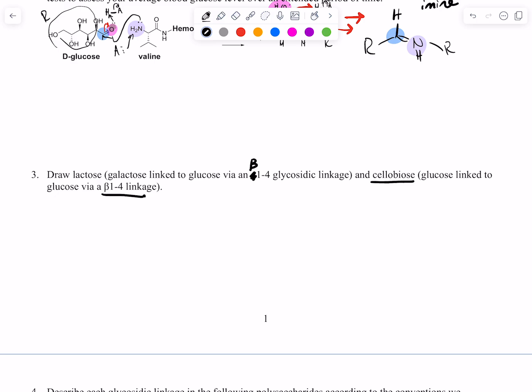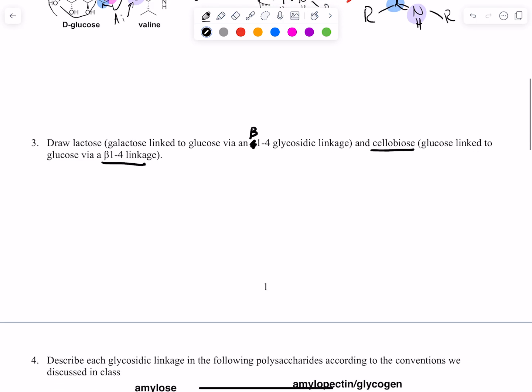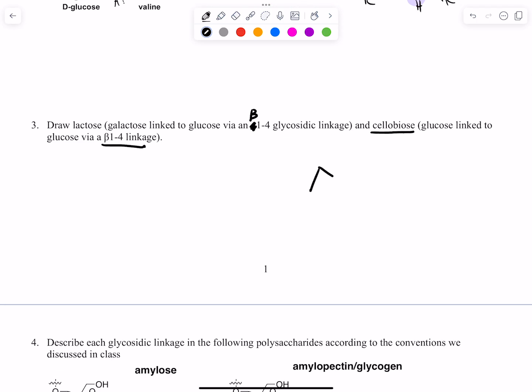Okay, what do you got for cellobiose? You can draw the 2 rings side by side.